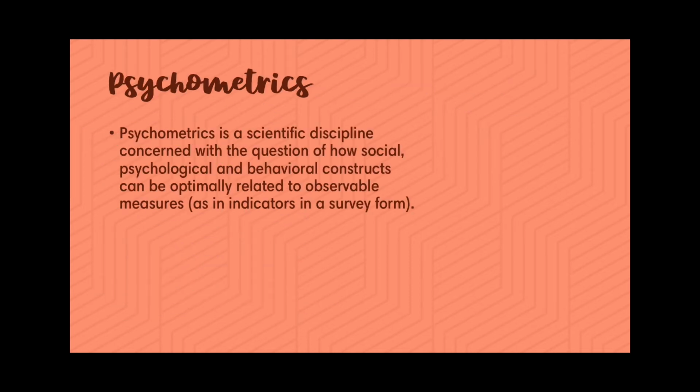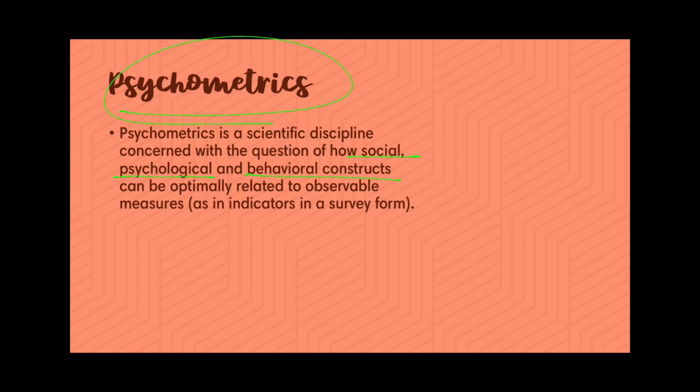The art and the science of being able to create measures for formal, social, psychological, and behavioral constructs is called psychometrics. We use psychometrics to make sure that, for example, when we want to measure variables like mental well-being, citizenship behaviors, quality of family relationships, or financial well-being using a scale or an index, we can really see from all perspectives if it is able to measure what we intended to measure.